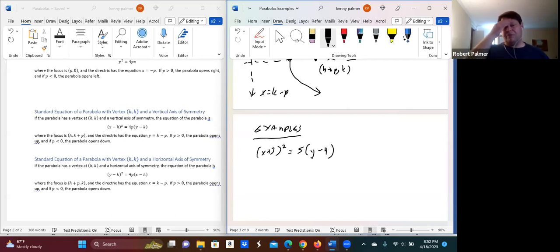First off, take a look and see which form this looks like. In this case the x is squared, so it matches this one. We need to find p, and we also need to find our vertex. The vertex is actually the easiest one to find.